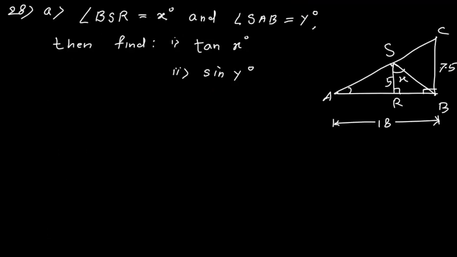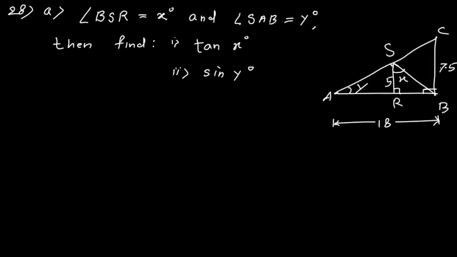Question number 28: angle BSR is x degree. Angle BSR, see this triangle, and this triangle, here angle B is 90 degree, angle R is 90 degree. Here angle BSR, this angle is x, and angle SAB, this angle is angle y. Okay, so here we have x and here we have y.